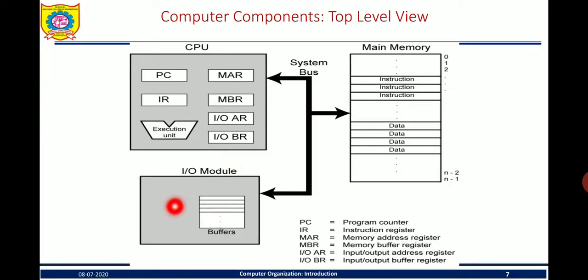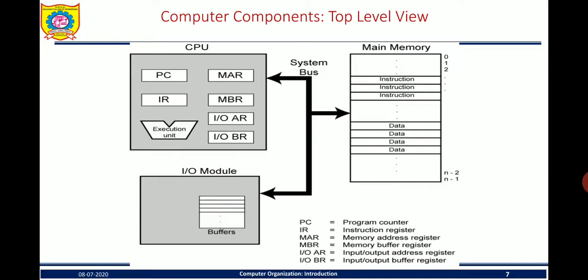Then there is an IO module. Can you see in IO there is again a buffer, like a temporary external store or a huge storage of memory.